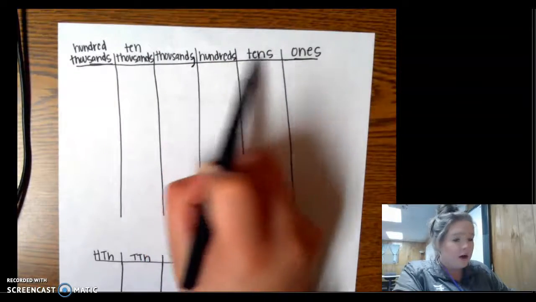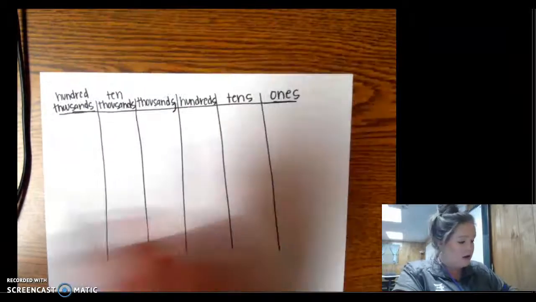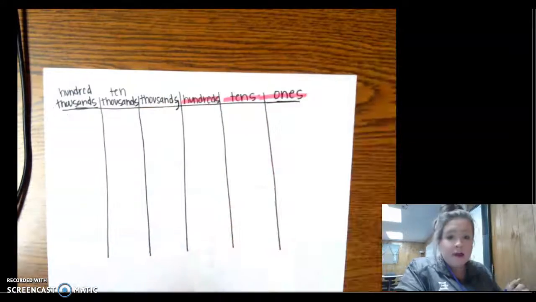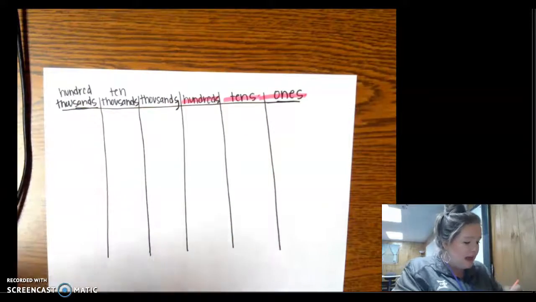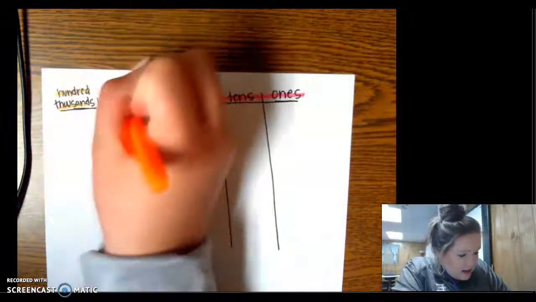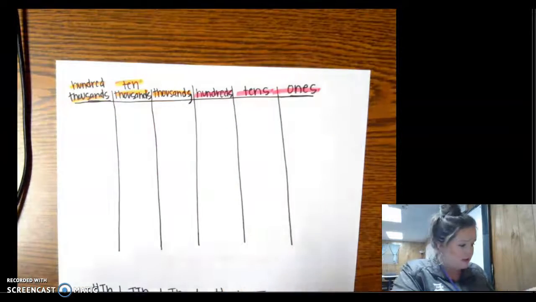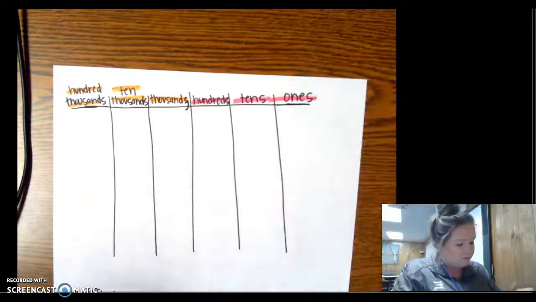This is your ones period, and these are thousands periods because those numbers are in the thousands, all right?